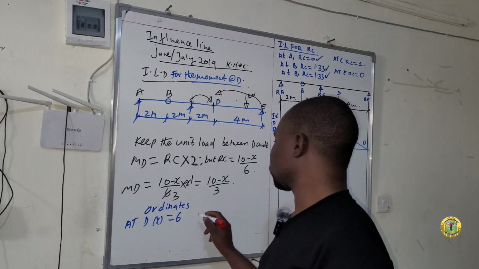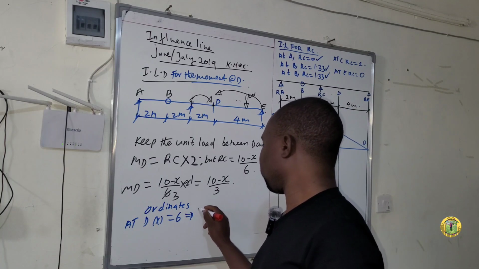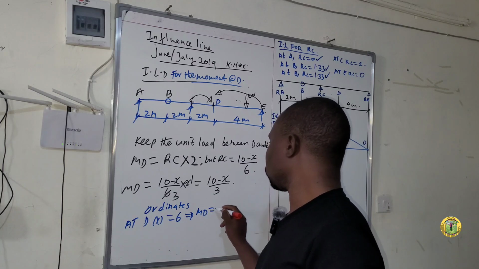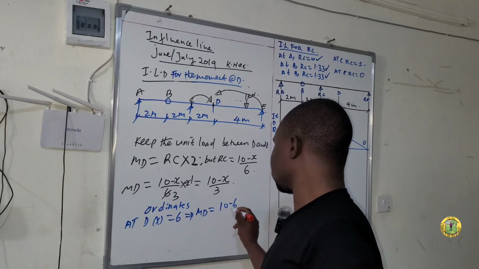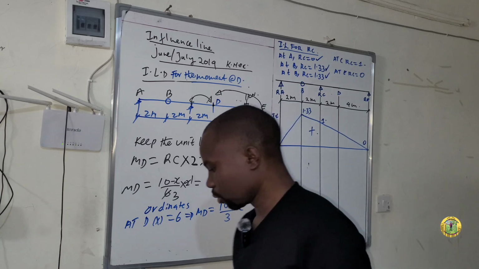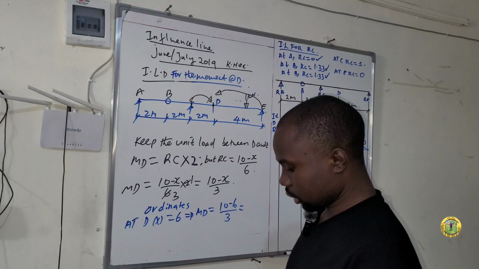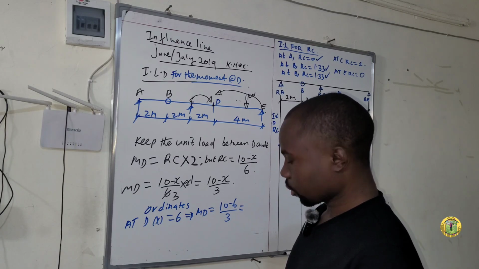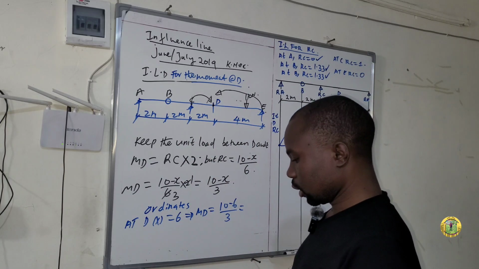X is equal to 6, which implies MD is equal to 10 minus 6 all over 3, 10 minus 6 divided by 3. So this one is equal to 1.33.